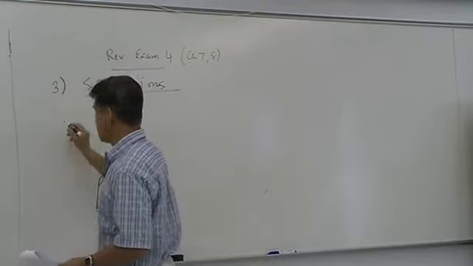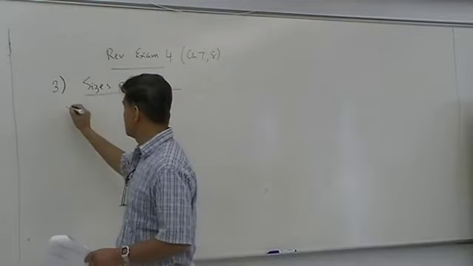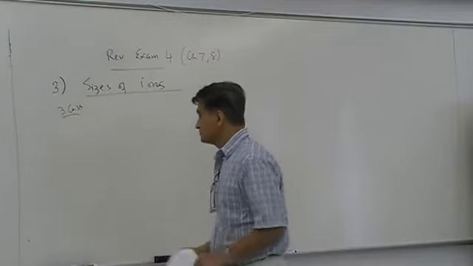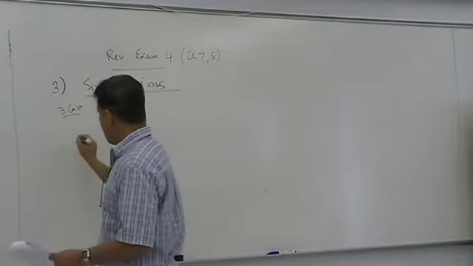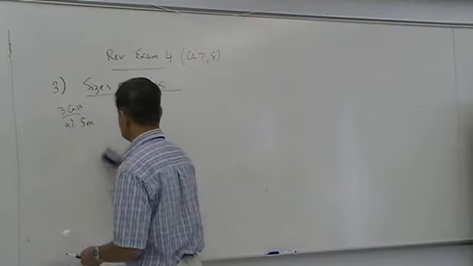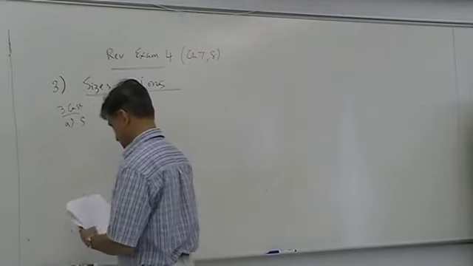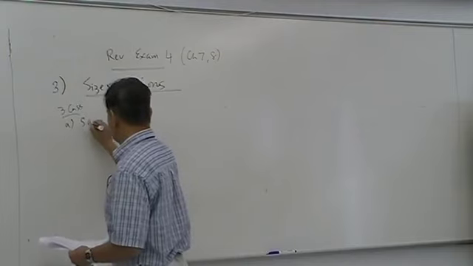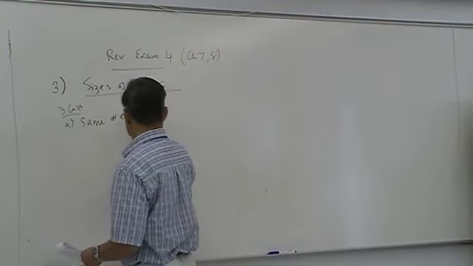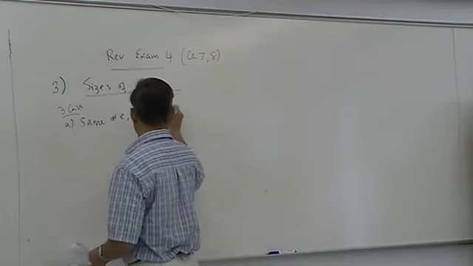Now I mentioned in my lecture note 3 cases, and you may have questions from each of those cases. In case A, same number of electrons, different number of protons.